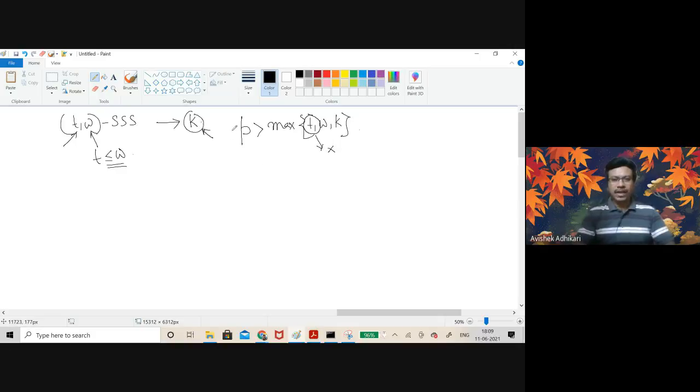So choose a prime P which is greater than the maximum of W and K.